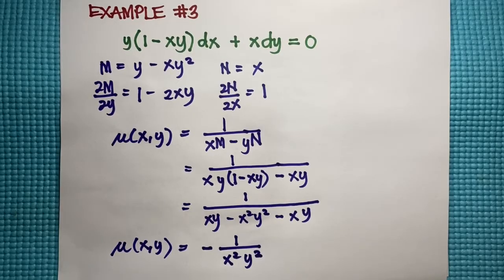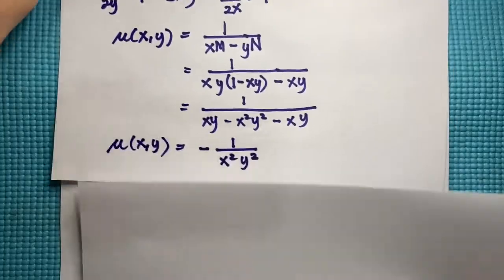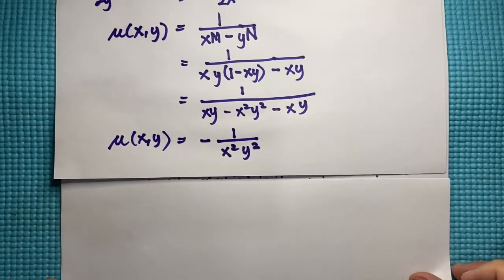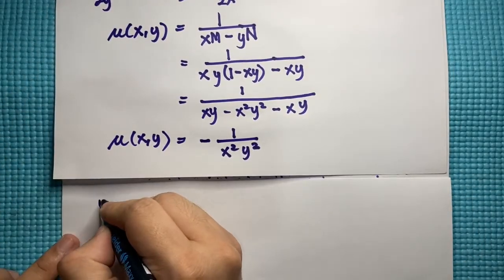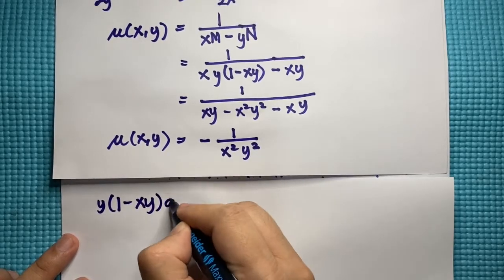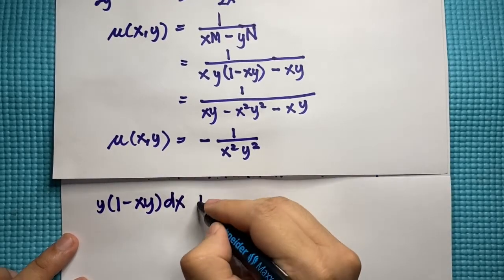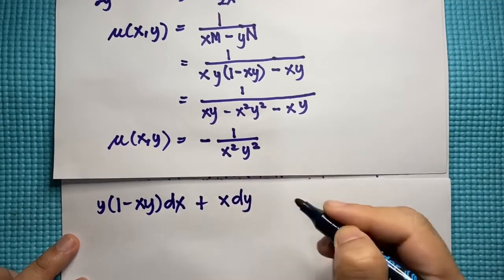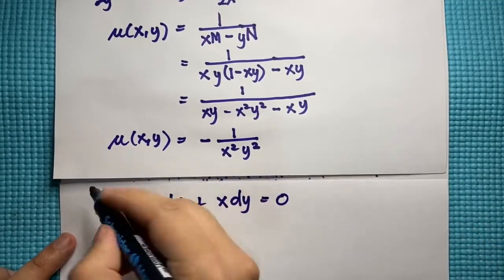Let us now multiply that with our original equation, y multiplied with 1 minus xy dx plus x dy equals 0.